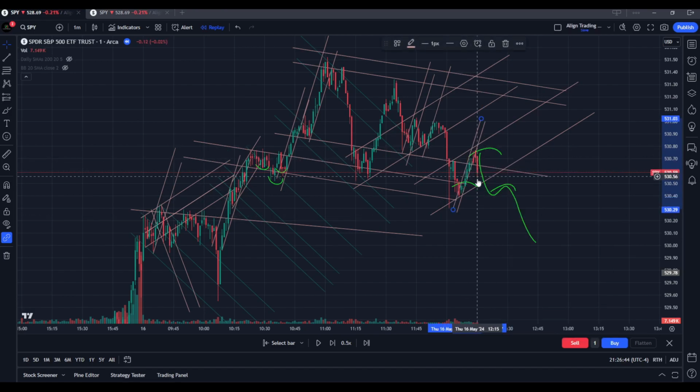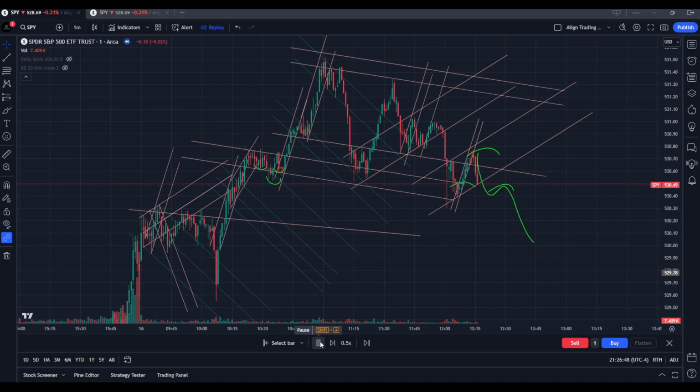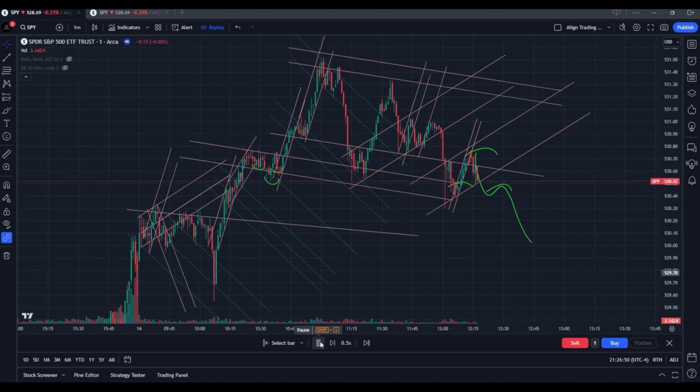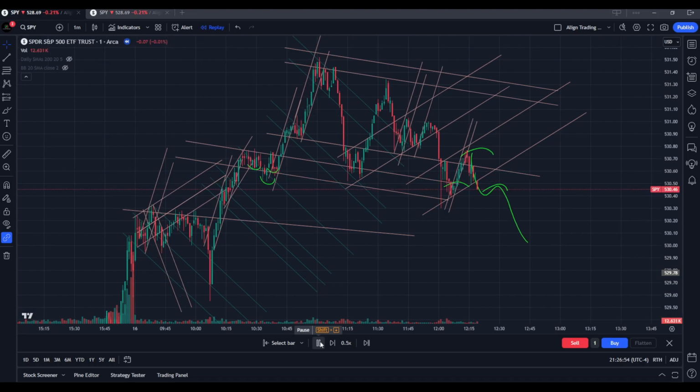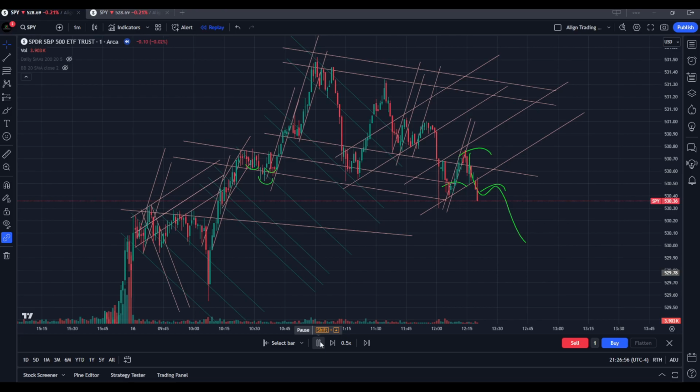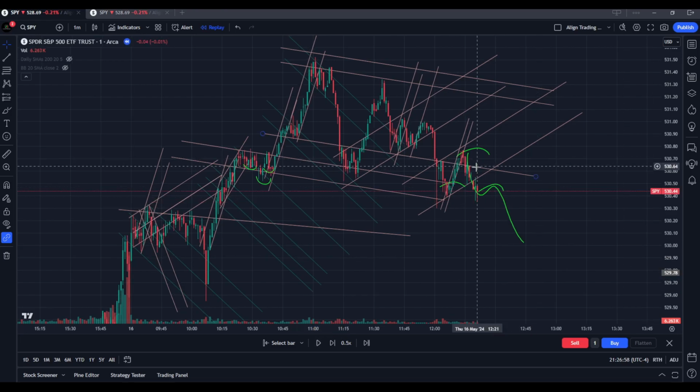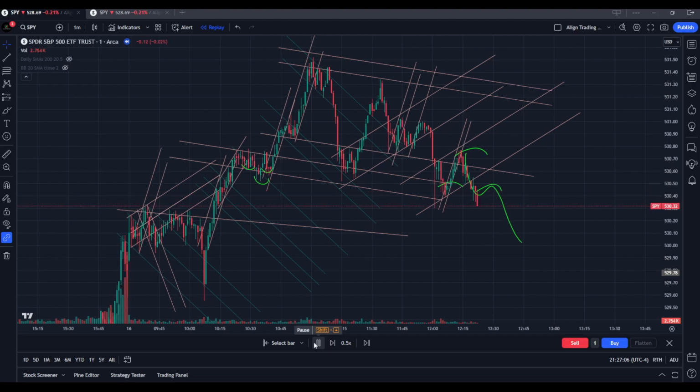So we're identifying this. And there we go. So we're starting to form this shoulder right here, looking to see if we can break down right here. We need to crack the low.